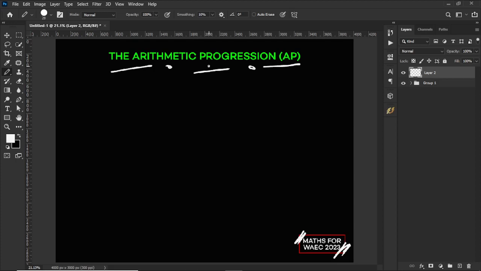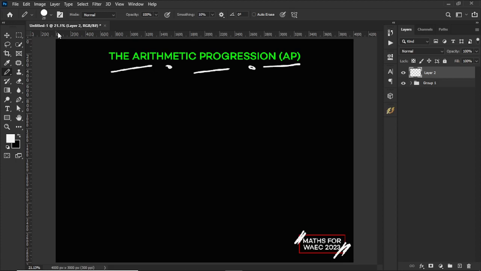We have GP, that is geometric sequence. We have HP, that is harmonic progression, that is harmonic sequence. Are we together now?